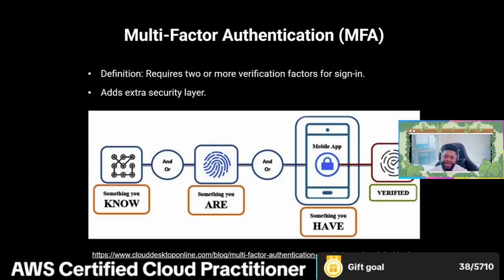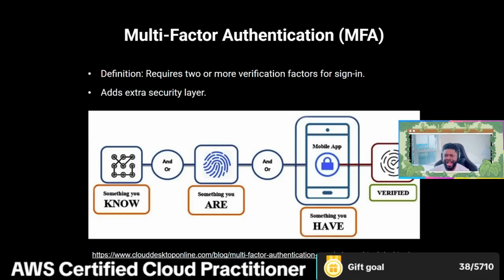And why does it happen? Really, it gives you extra security. If you look at the diagram here, and there is a link where I got that from, I didn't draw that myself, but really it's about something you know. In this case, when you created your account, you had a username and a password. You know that, right? But there is also the possibility to add something you are, so in this case maybe your fingerprint, maybe a physical device attached to your laptop.